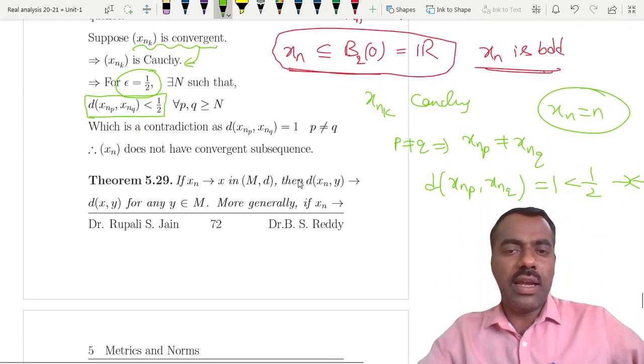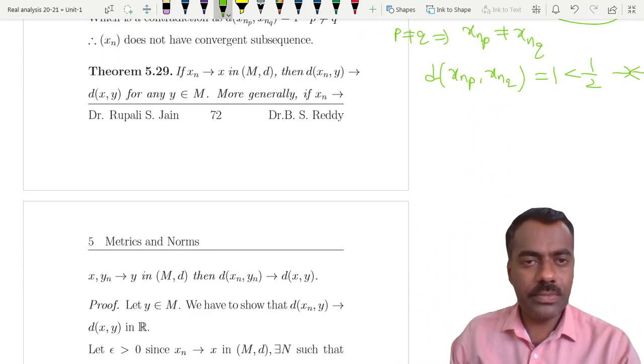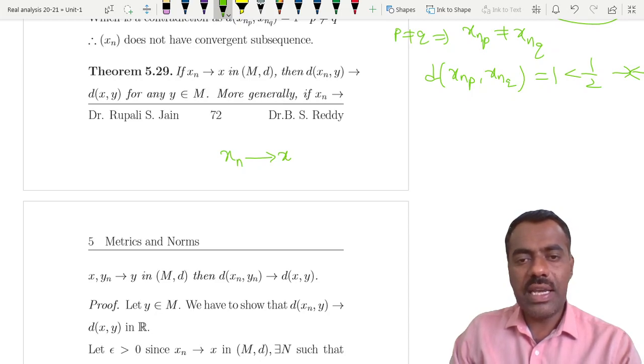Okay. And one last result, which we can easily guess: whenever xn converges to x in a metric space (M, d), then if you take any y, the distance between xn and y converges to the distance between x and y.